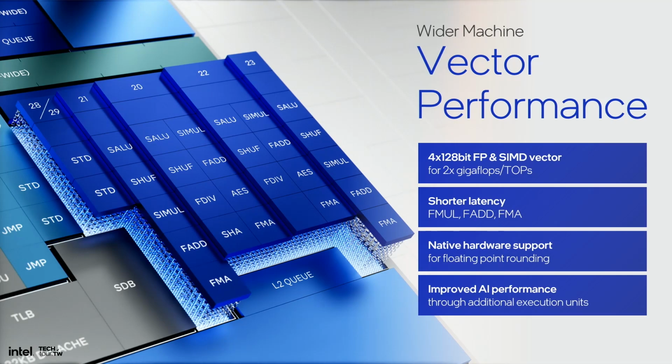Now here's the other thing. This was one of our fundamental things that we wanted to do. I mentioned vector performance. Previously, for say floating point operations, we had 2 128-bit pipelines. Here, as table stakes as part of our plan, we wanted to make sure that we were industry competitive. So we doubled that.